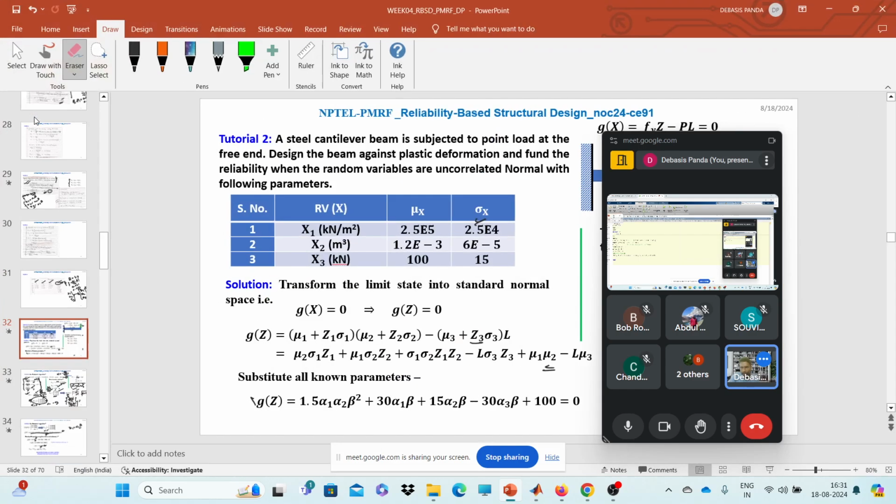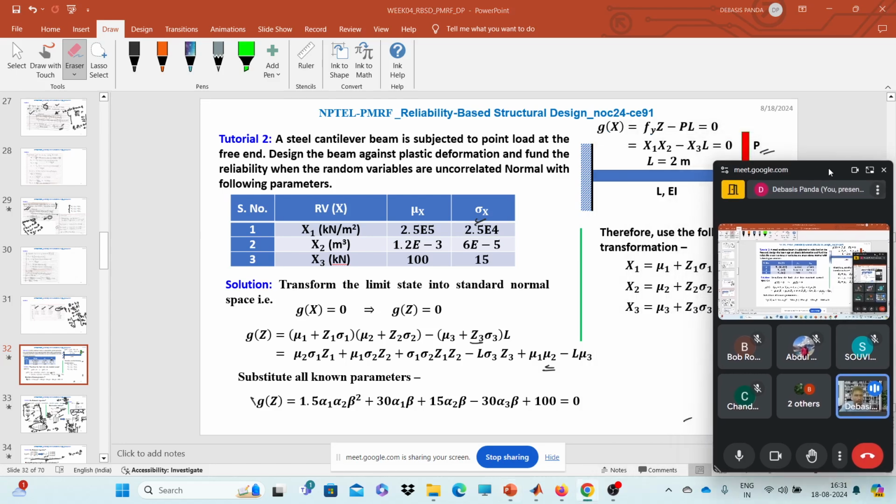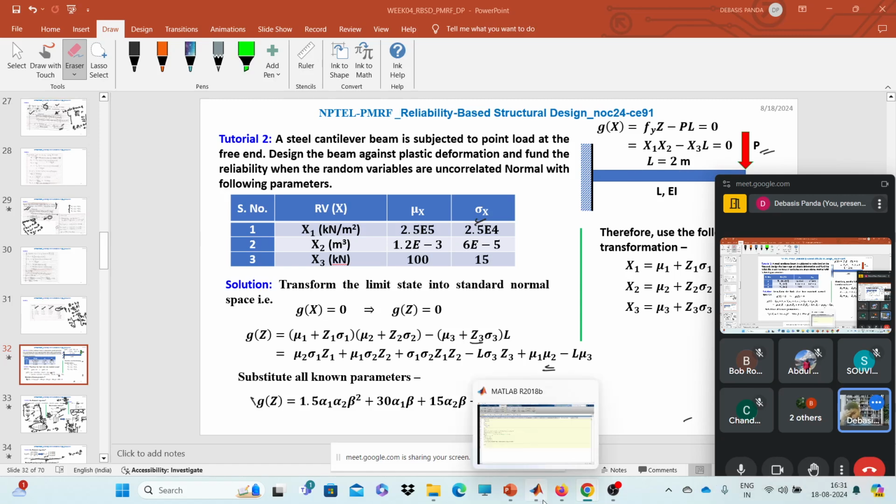In the cantilever problem, we have three random variables, and they are normal and uncorrelated, and the mu and sigma values are provided. Just remember these values because we need to put them there. And what was our limit state here? The limit state is x1 x2 minus 2, where I put the value of L equal to 2, into x3. Now let's go to the algorithm.